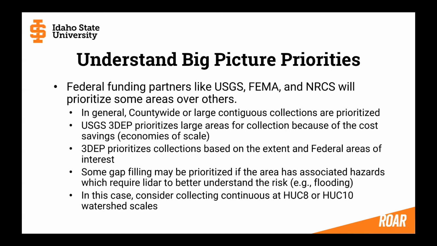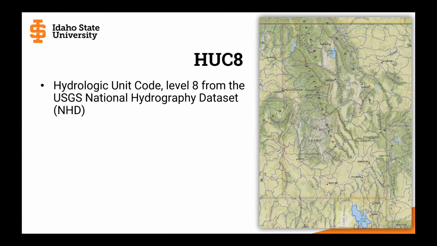Flooding, landslides, seismic activity, these sorts of things. Now, in this case, consider collecting continuous or contiguous blocks of areas at the HUC 8 or HUC 10 watershed scales. Now, I'm not talking about Huckleberry Finn or anything from Mark Twain.